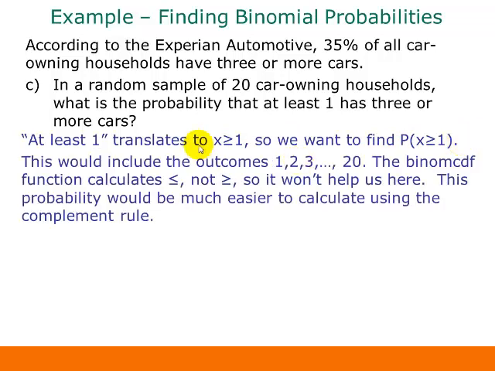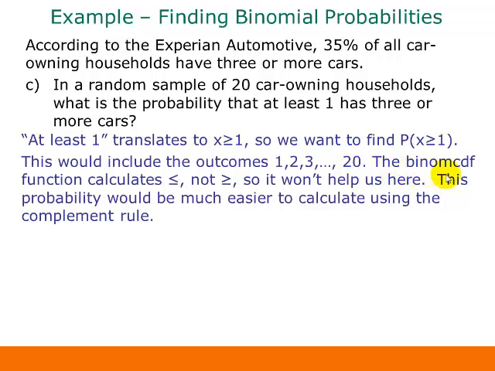In terms of outcomes, x greater than or equal to 1 would include all the possible values for x from 1 all the way up to 20. Remember for a binomial experiment that the possible values for x go all the way from 0 up to our number of trials, which is 20.